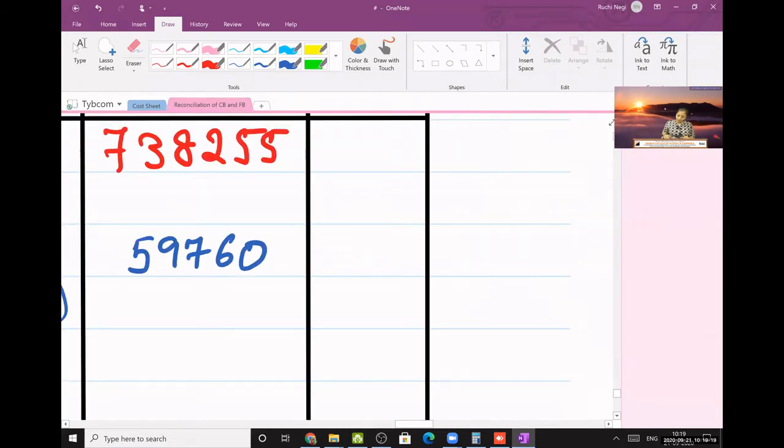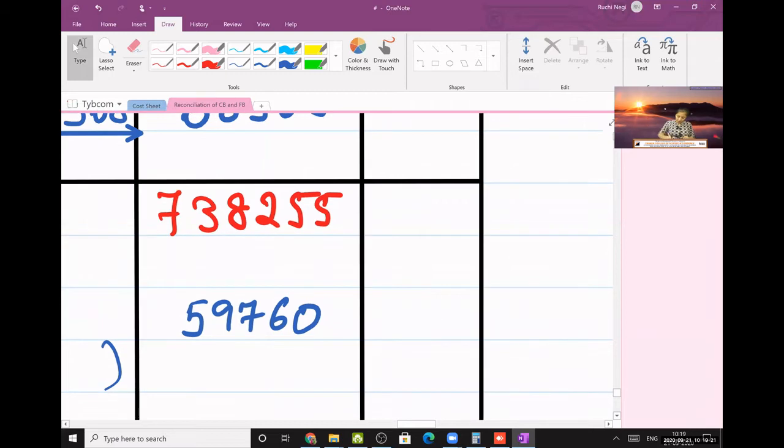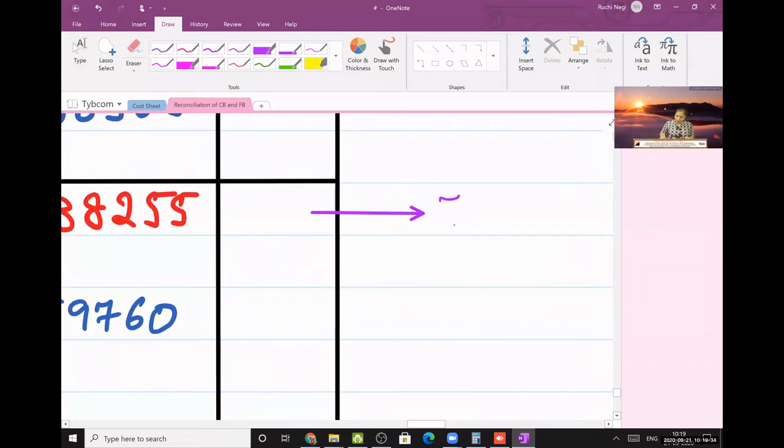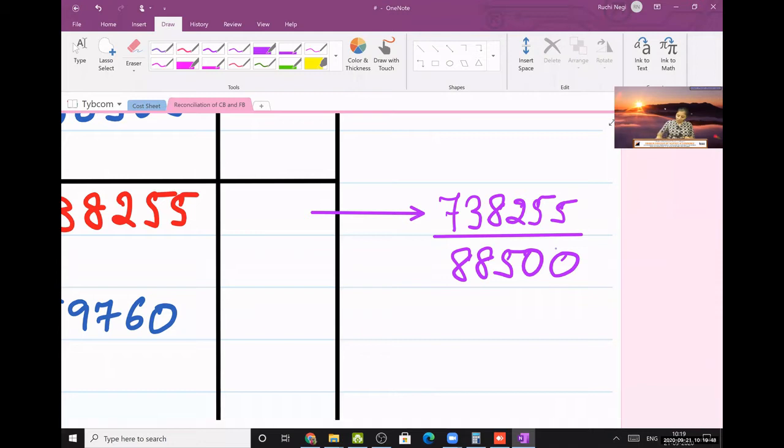So let us calculate the FIFO rate. I'm talking about this rate. So how will you get this rate? 7,38,255 divided by units produced 88,500. Okay.